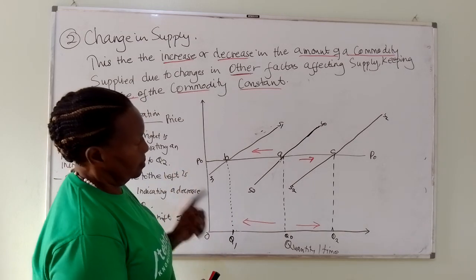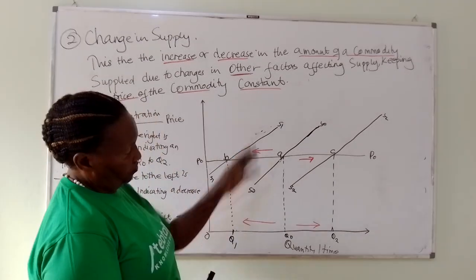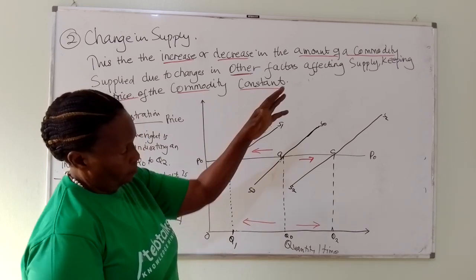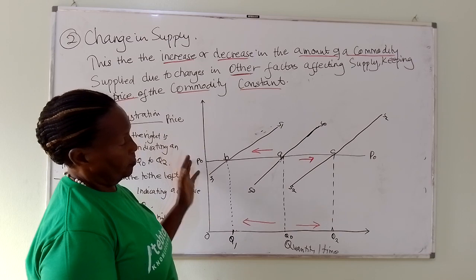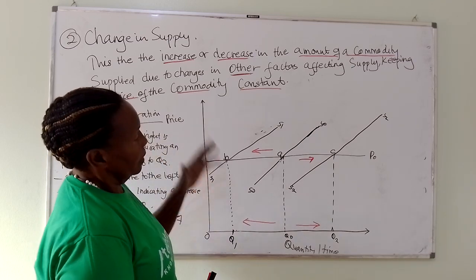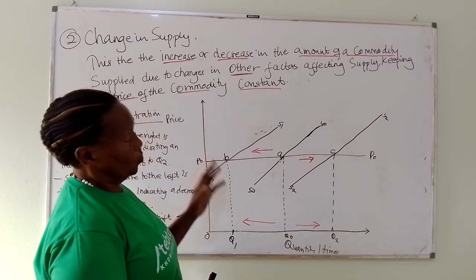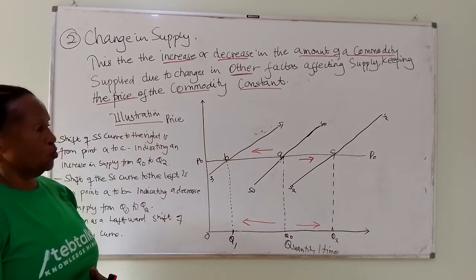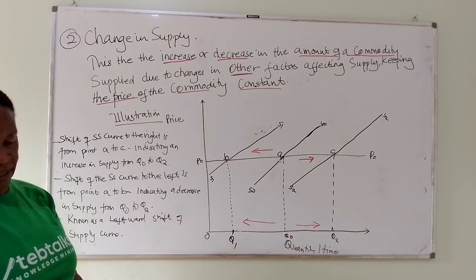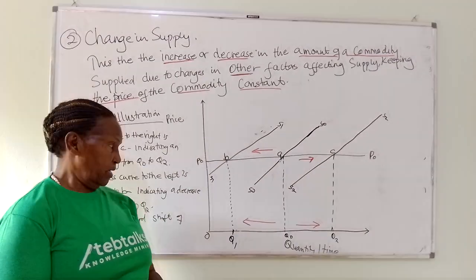Yet in change in quantity supplied, we moved along the same supply curve, either upwards or downwards, depending on the changes in the price. But now price is not changing, it is constant. It's the other factors which are changing, so we get a complete shift of the supply curve to a new level of supply, but at constant price.